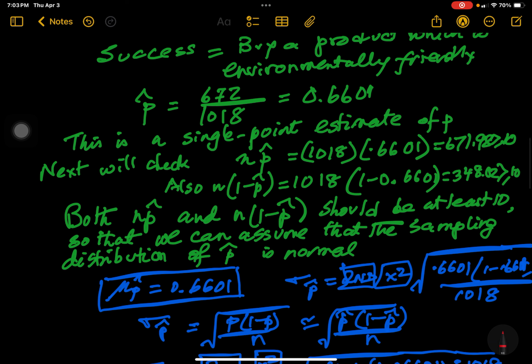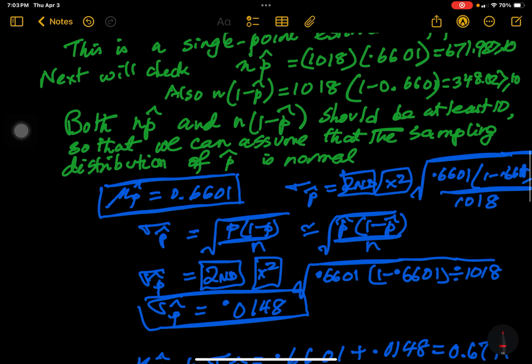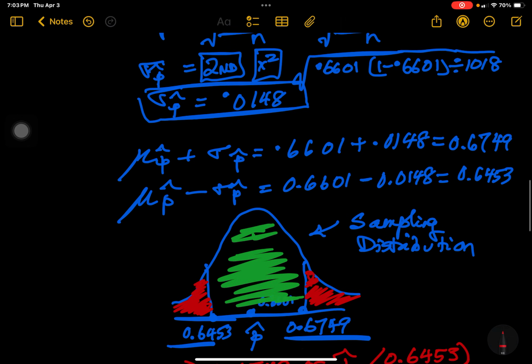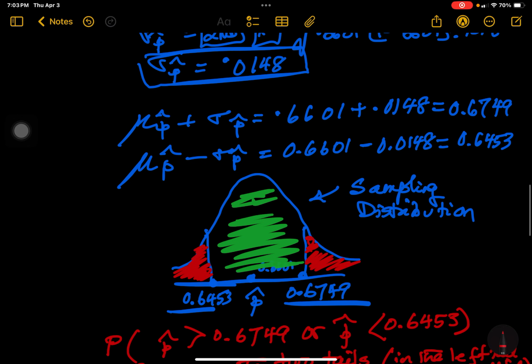If both of these are greater than or equal to 10, which is true in this case, then the sampling distribution of p hat is normal, with a mean mu p hat equal to the population proportion, which we will assume equal to the sample proportion 0.6601, and we will calculate sigma p hat, which is 0.0148.